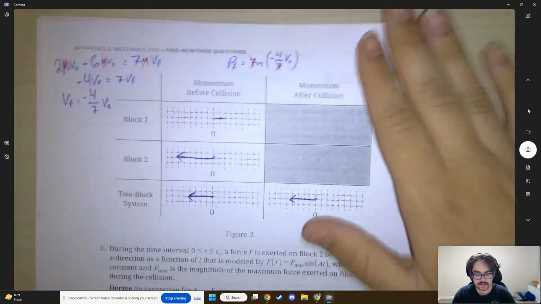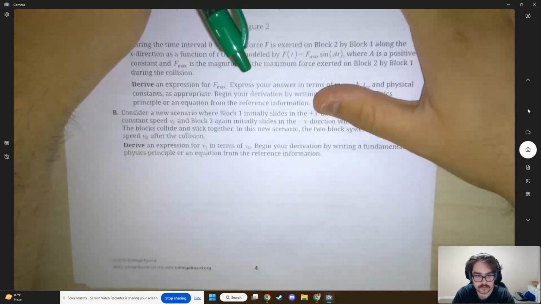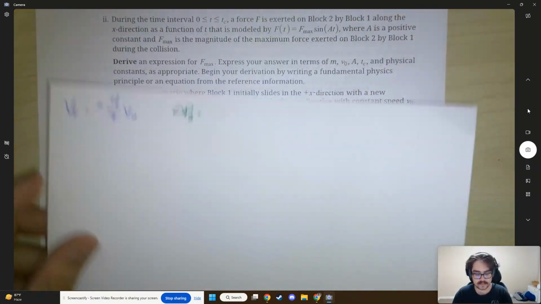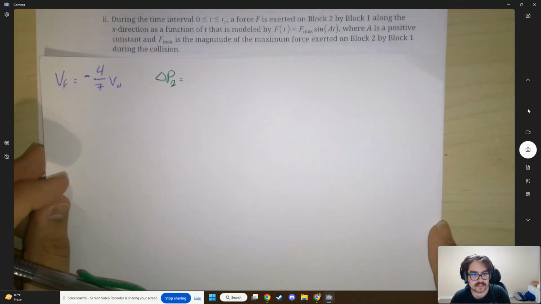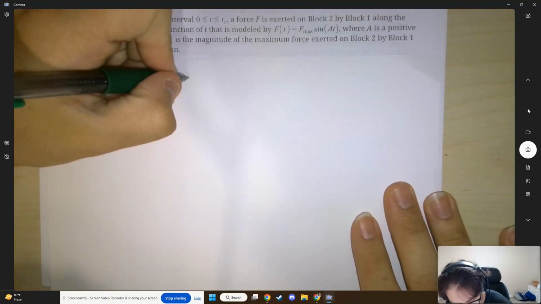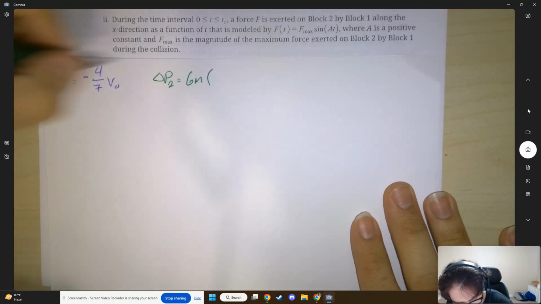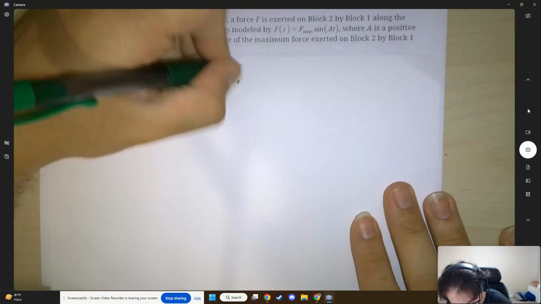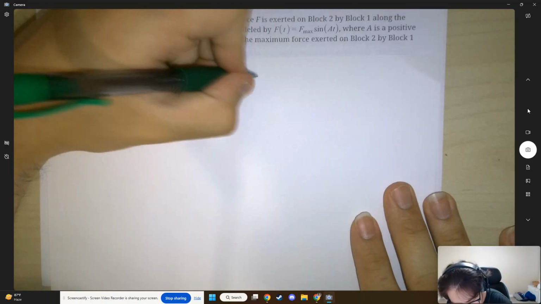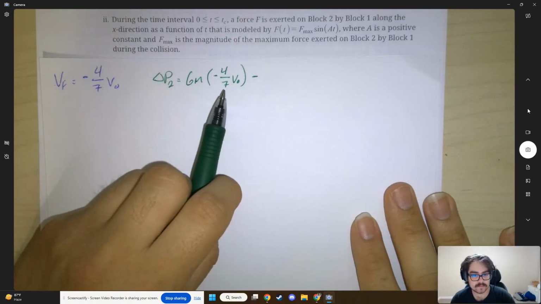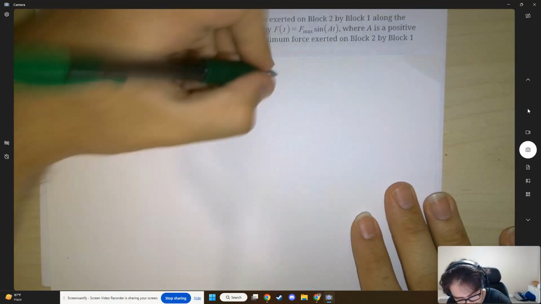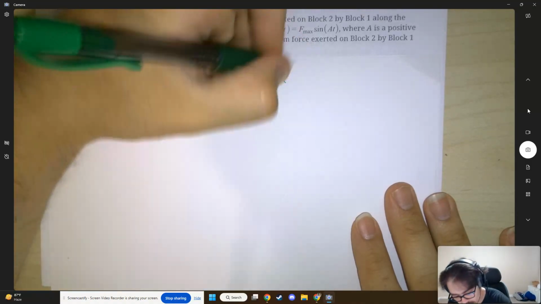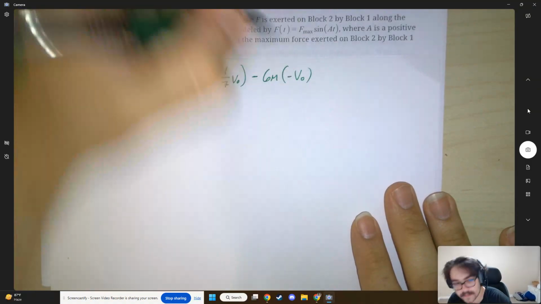Okay, so then the final momentum for block 2 is going to be 6m times -4/7 v naught, minus my initial momentum, which is again 6m times, and my velocity is v naught in the negative direction, right?